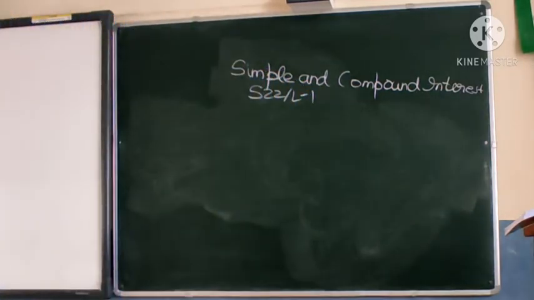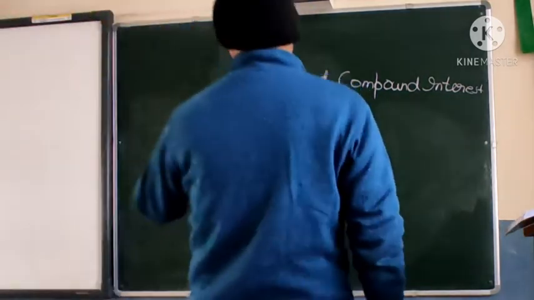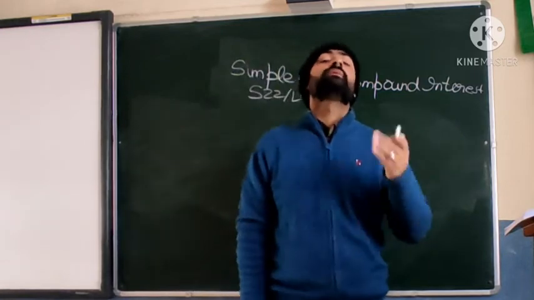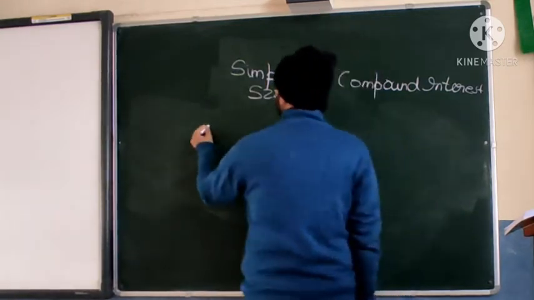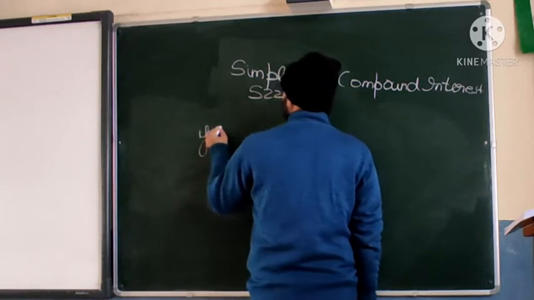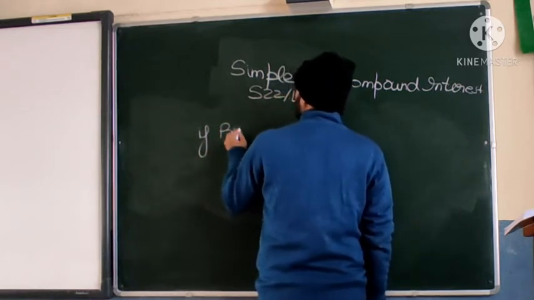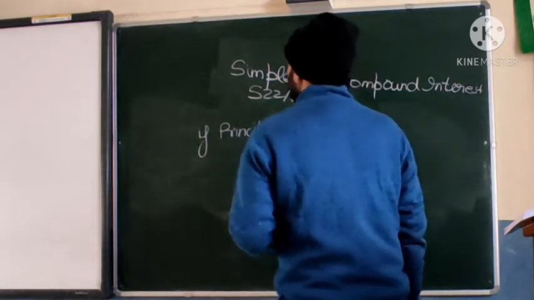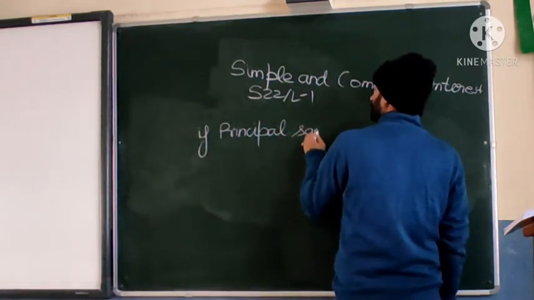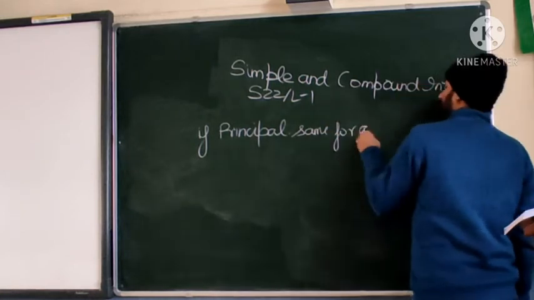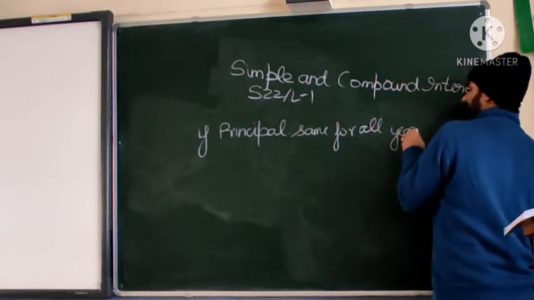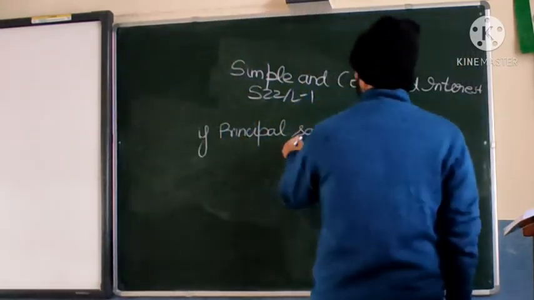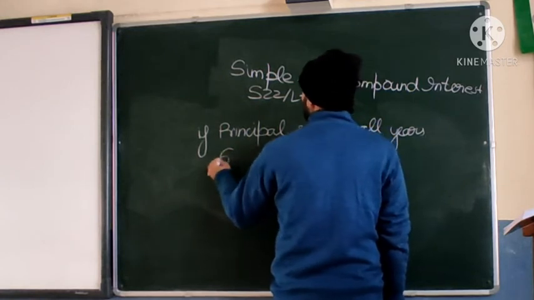Now interest depends on the way you are calculating it. If the principal is the same for all years, that means for whatever time you are investing the money, if the principal remains the same, then that interest will be called simple interest.